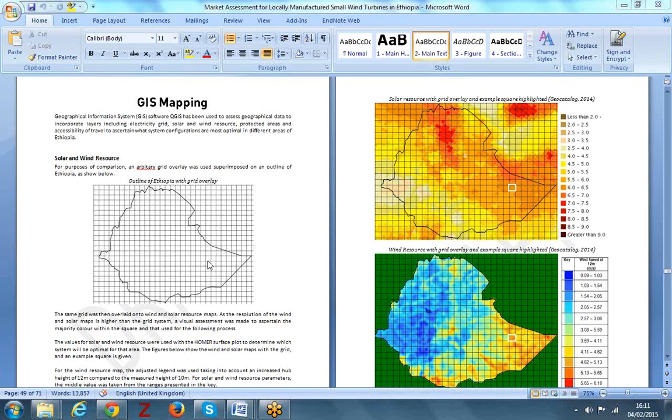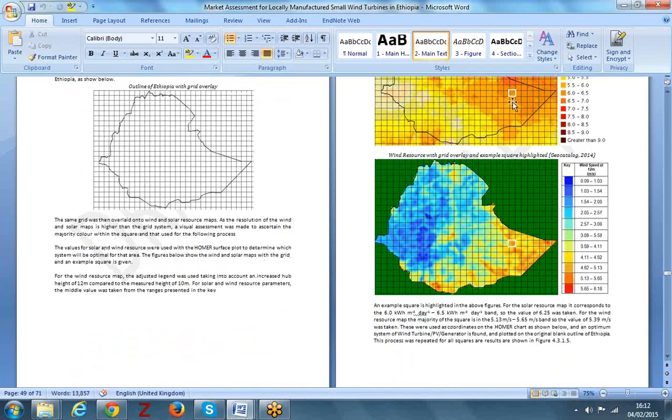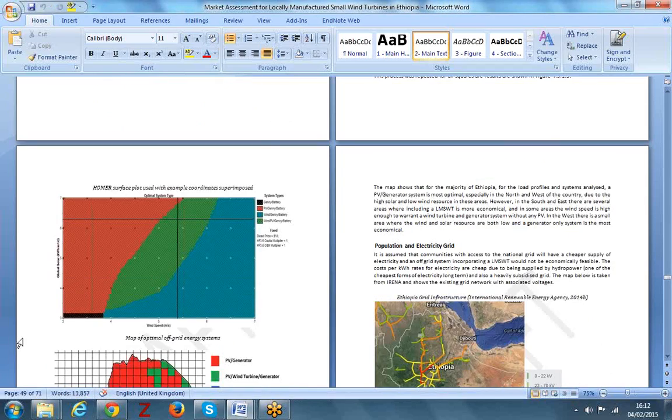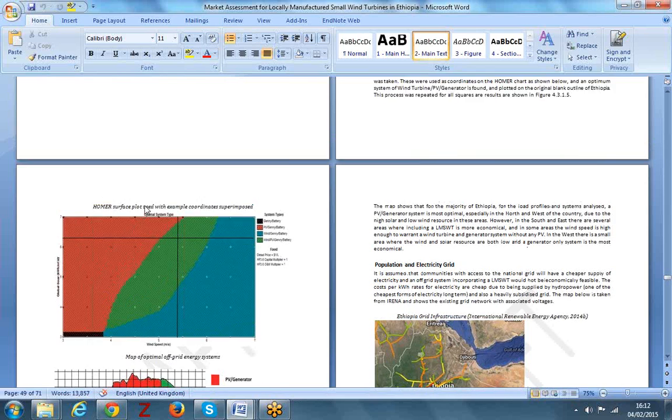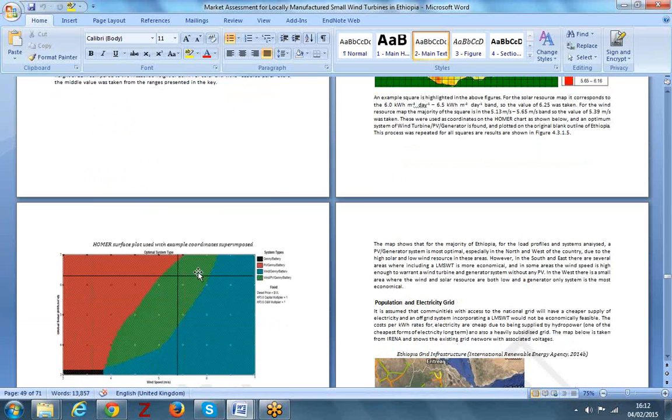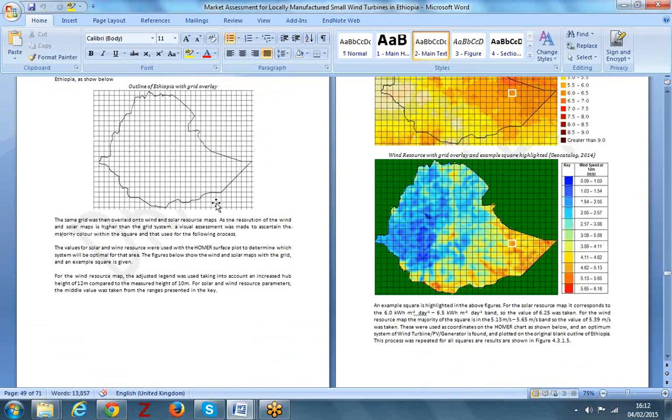For each position on the map, you look at what the solar is, which in this case is 6, and what the wind is, which in this case is 4 or 5, and then you use these as coordinates. Then you look up in Homer, and then you just color it in.